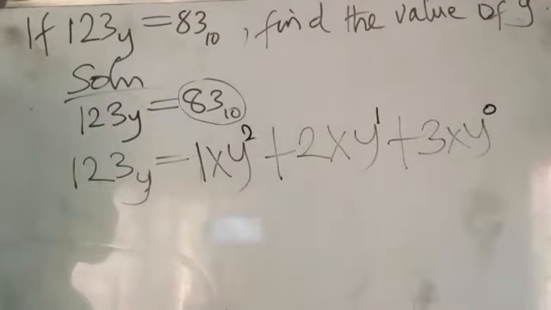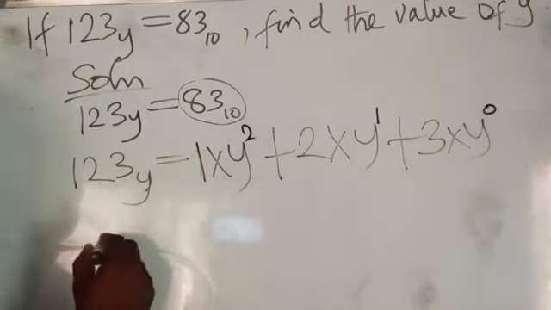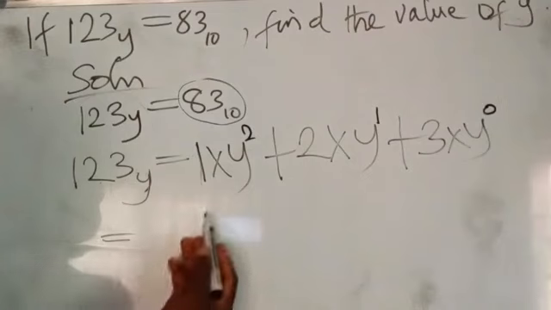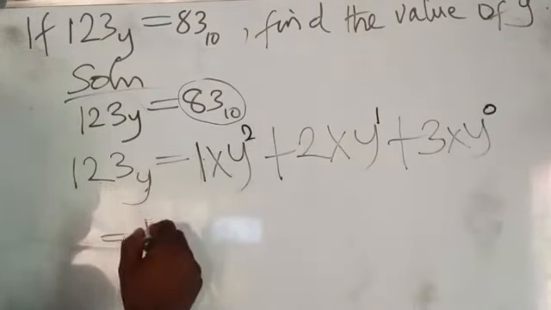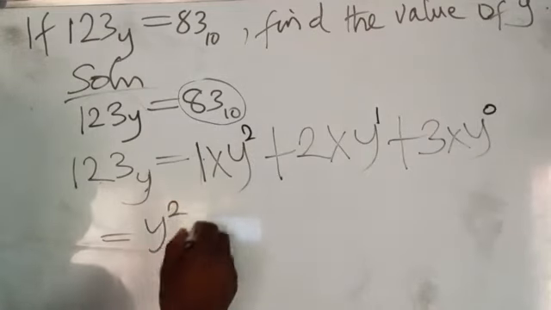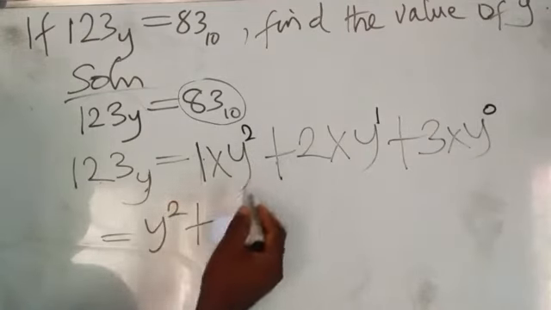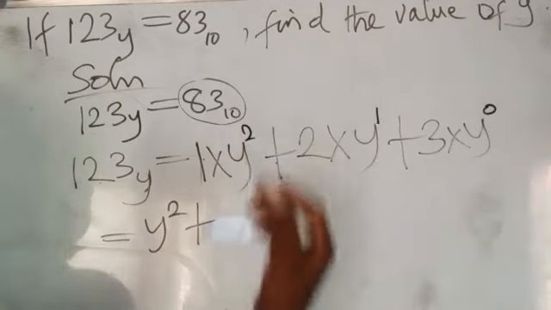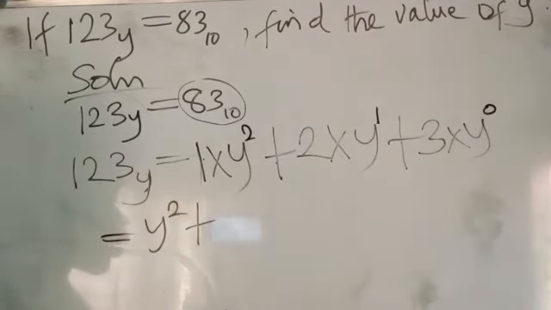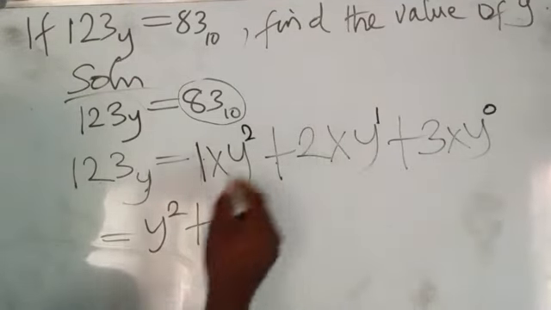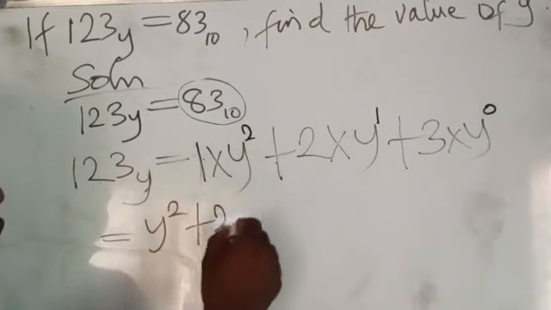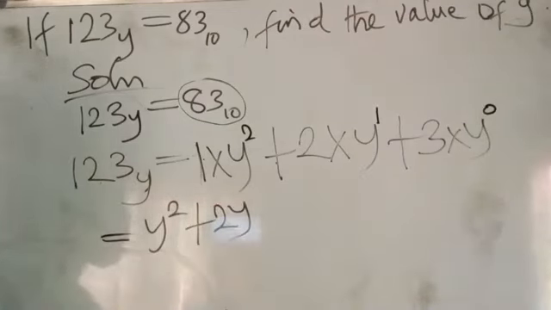You see? So now the next step is equal to, you now have y square here. We have 1 times y square, which is y square, plus y raised to power 1, which is y. Anything raised to power 1 is itself. Then 2 times y is equal to 2y. Clear?